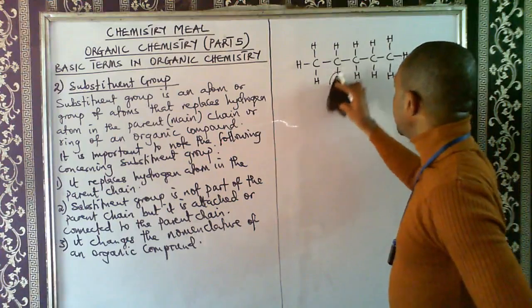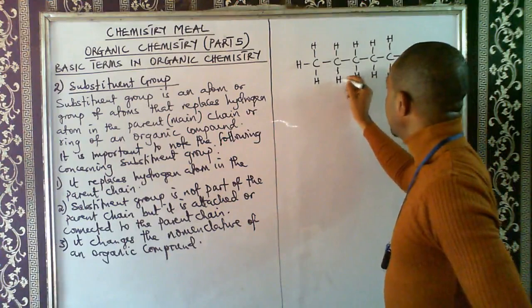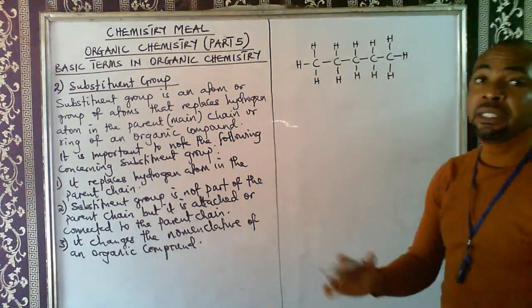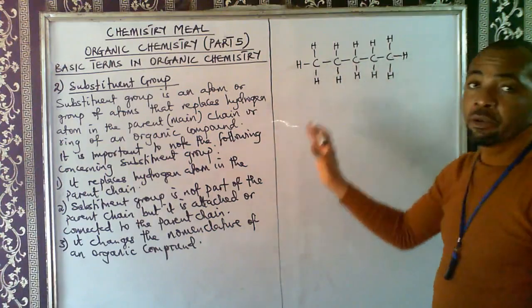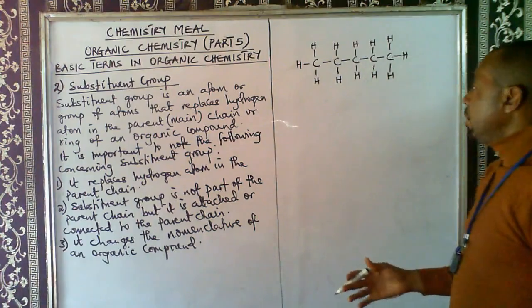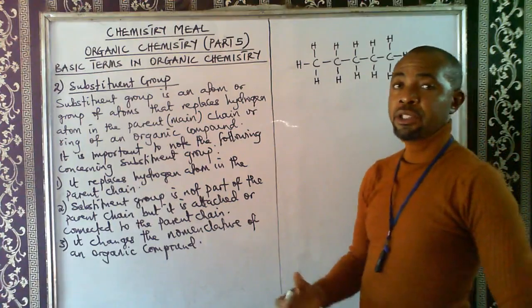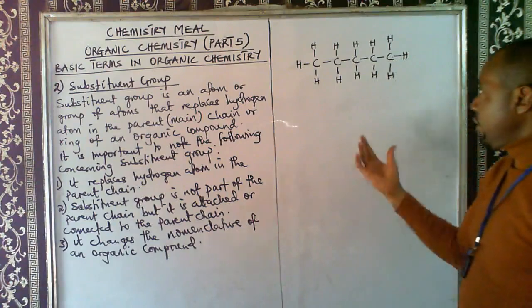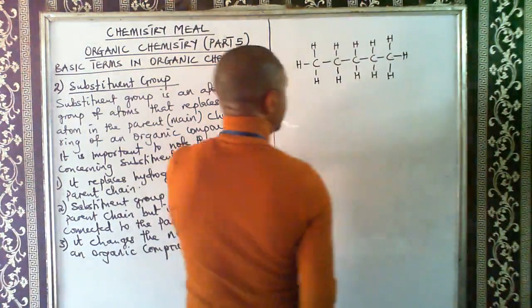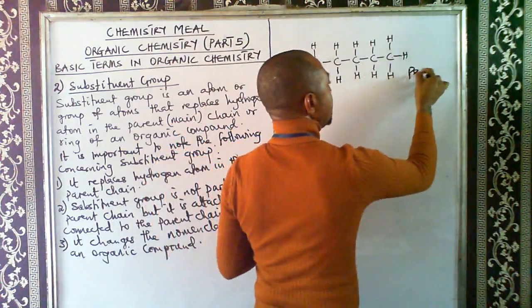If I remove this and leave it as hydrogen, we still have our hydrogen. This compound is actually pentane. That's it. 1, 2, 3, 4, 5. It's an alkane. You will still know the names of all these organic compounds if you are still a beginner in chemistry. With time, in organic chemistry, you will know how we arrive at these names. Okay, so this is pentane. As it is now, this is pentane.